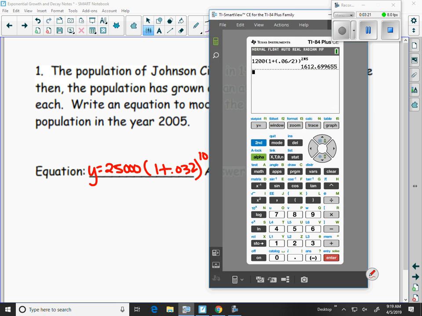So I'm going to pull up my calculator. I'm going to put this in. If you don't have a TI-83 or 84, you can do it on Desmos. You can't use Desmos on your phone on a quiz or a test, but if we have a quiz or a test over this, you will be able to use a computer and you can look at Desmos there. All right, so it'd be 25,000.